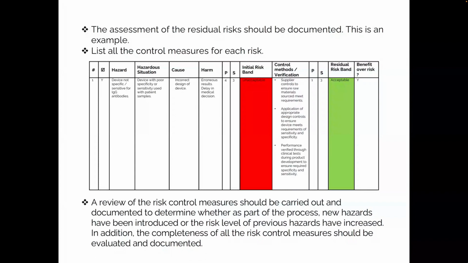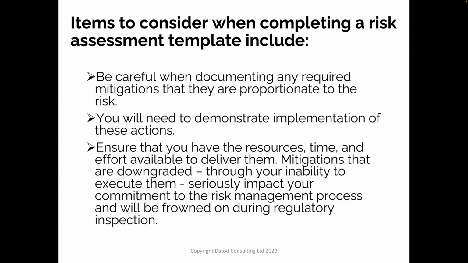So for each of these failure modes, you will need to look at the risk level pre and post controls and decide whether you're happy with accepting that risk. You also need to look at all of the risk control measures holistically, in terms of how they combine together, to determine the overall residual risk of the device.